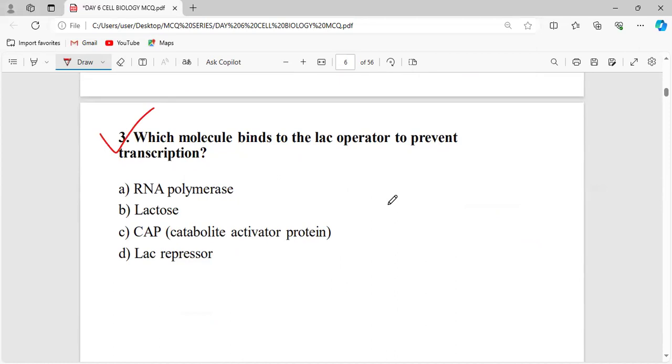Which molecule binds to the lac operator to prevent the transcription? Which has to bind to the operator to prevent the transcription?